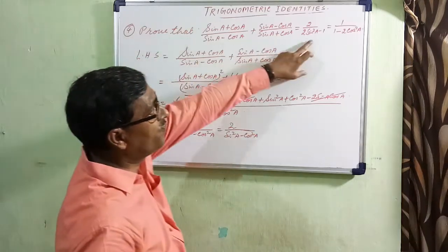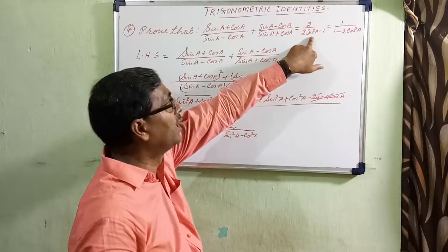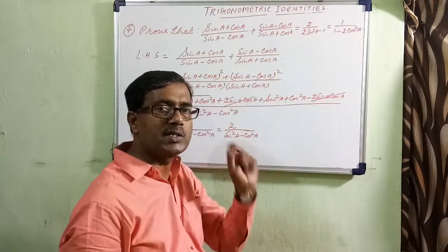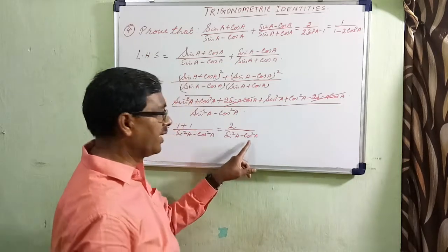Now when you look at the first RHS, what do you notice? The denominator contains only sin A. So what is your aim now?